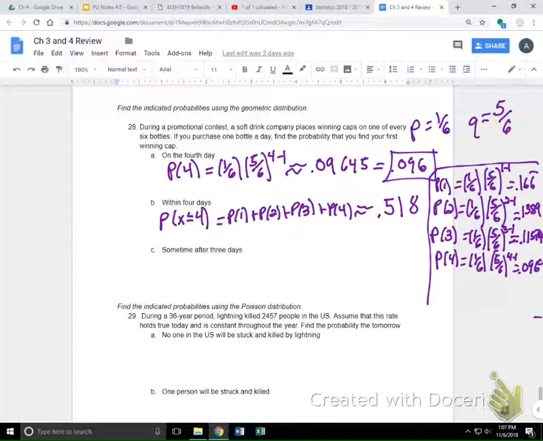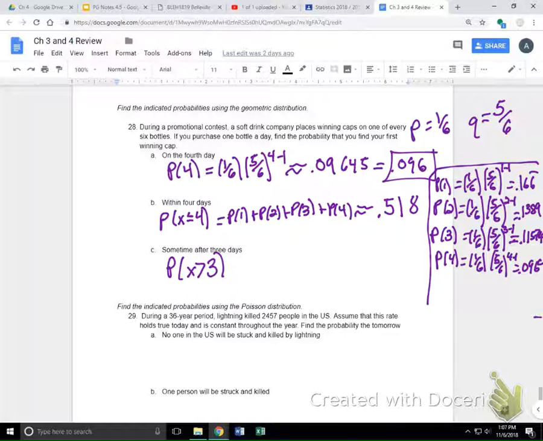When we do, we get 0.518. Okay, then this one says sometime after day 3. So sometime after day 3, we are interested in finding that value, and we know that we're in a contest that is going on. So what we're going to do is take the probability that x is greater than 3.